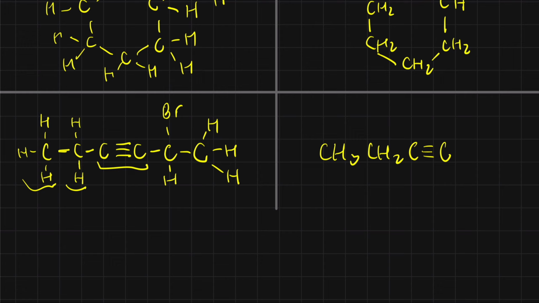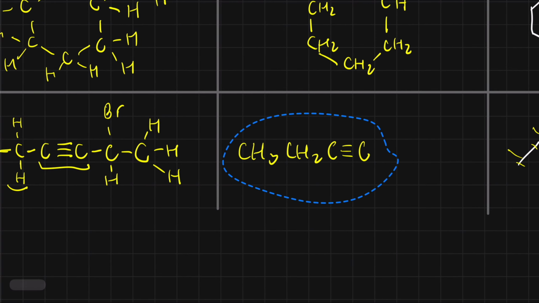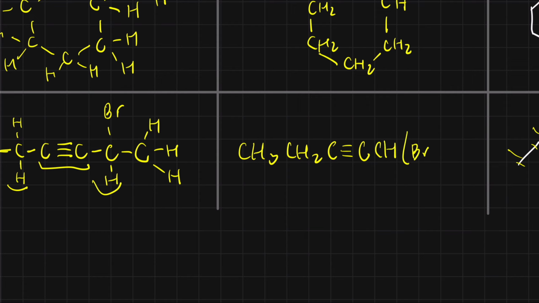Again, I stated previously in the other recording that you may choose to just write it without the triple or double bond, but for introductory purposes, it's really standard to just write it as well. And then this one is CH, and then that's when we branch out the bromine, so parentheses. And then finally, CH3.